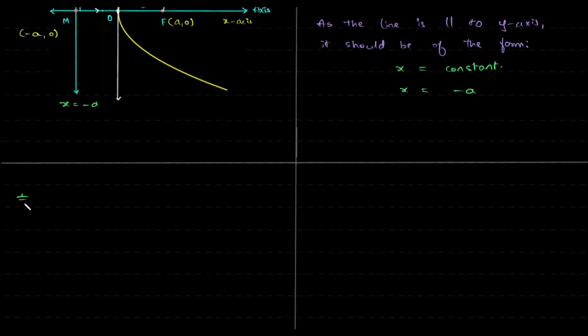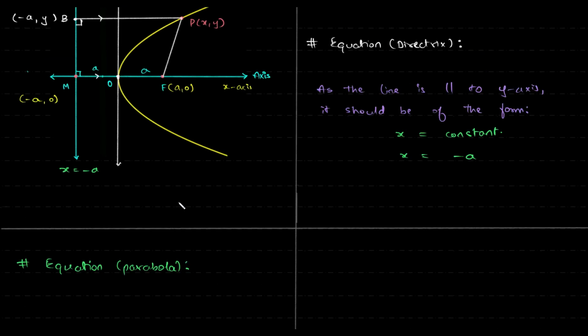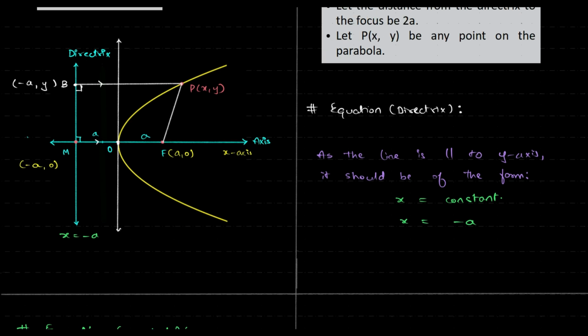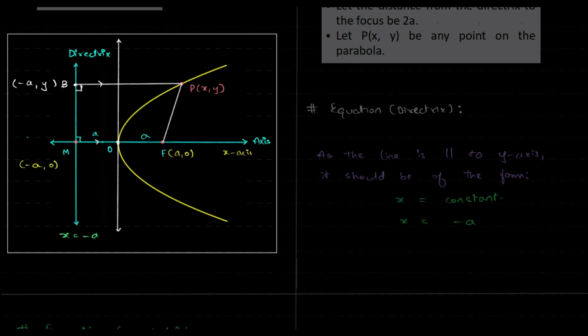Moving on, we have the equation of the parabola. Again, we need the graph for that. So how are we going to derive this? Remember, we have points that are equidistant.